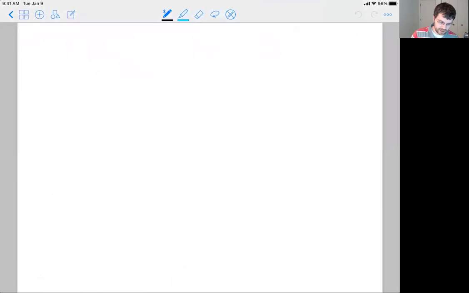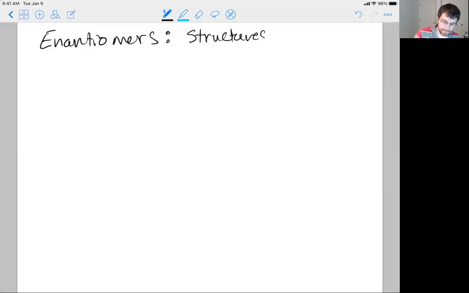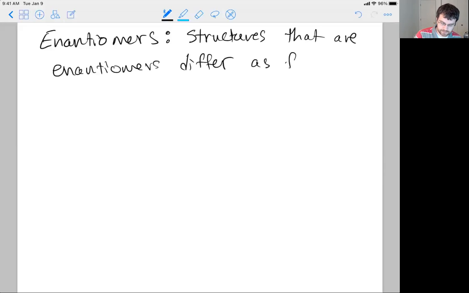So enantiomers. Structures that are enantiomers differ as follows.